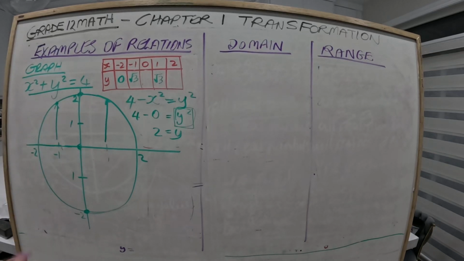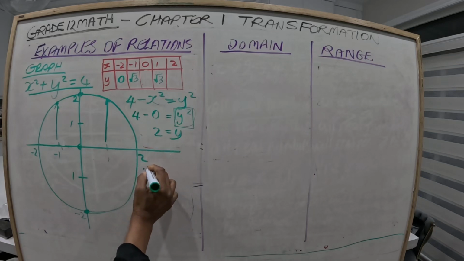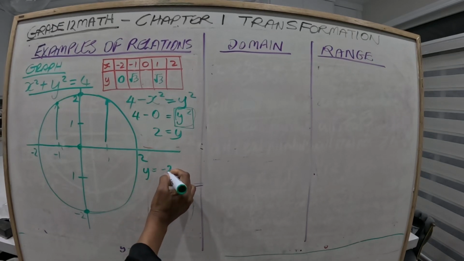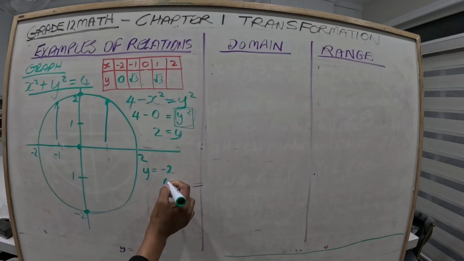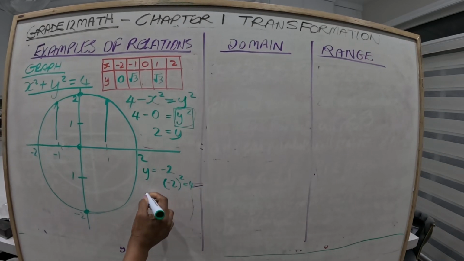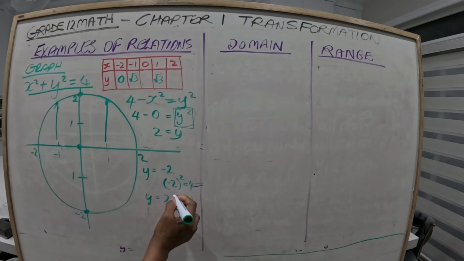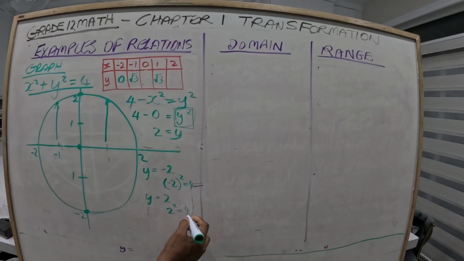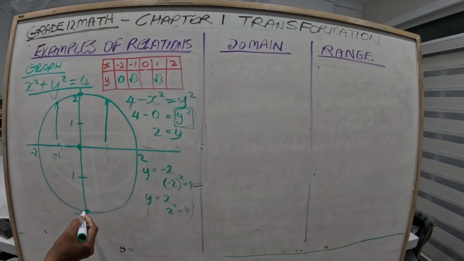Because if y is -2, then the square of -2 is equal to 4. And if y is equal to +2, then the square of 2 is also equal to 4. Okay?